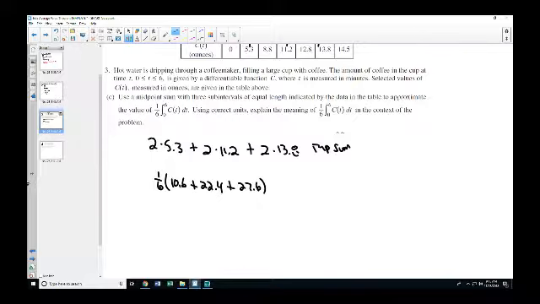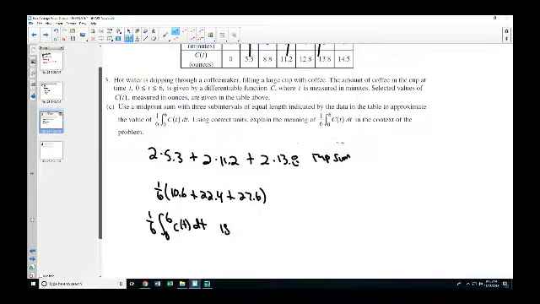Using correct units, explain the meaning of 1/6, integral from 0 to 6 of C of t in the context of the problem. So, always start with your subject. What is the contextual meaning?